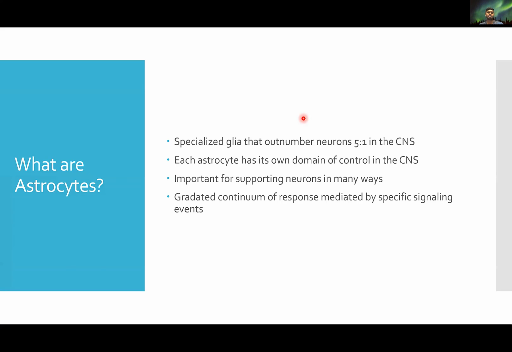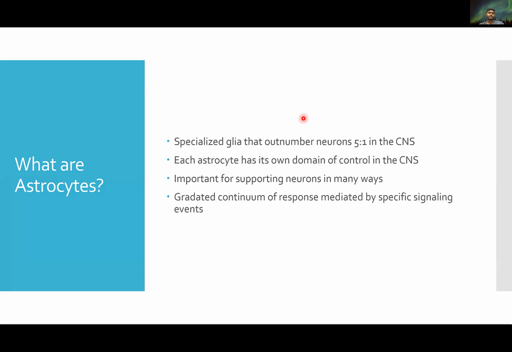And we've already talked about how the astrocyte is very important for supporting neurons in many ways, and there are many slides that will discuss this in detail. And finally, a very important thing to talk about is that for astrocytes there is a gradated continuum of responses, which is mediated by specific signaling events.